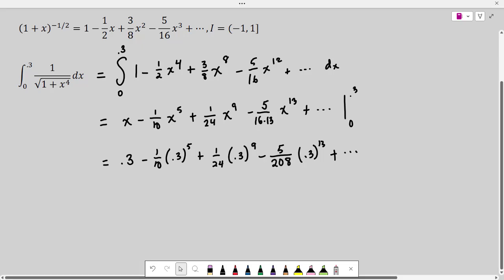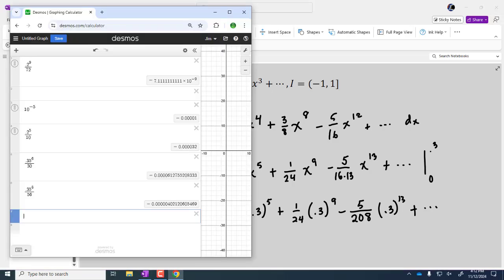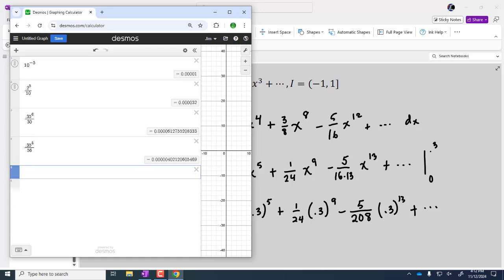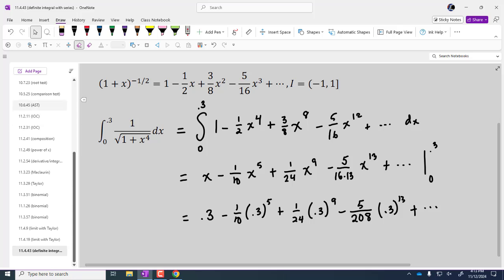So we'll do that by looking at our calculator. I'm going to go 0.3 to the 5, 0.3 to the 5 divided by 10.